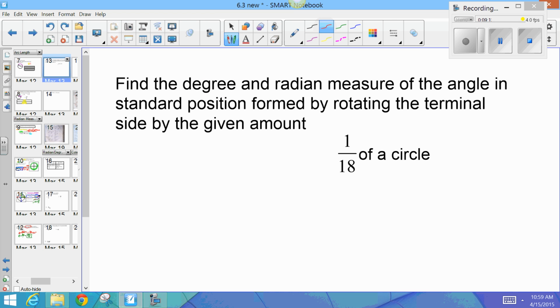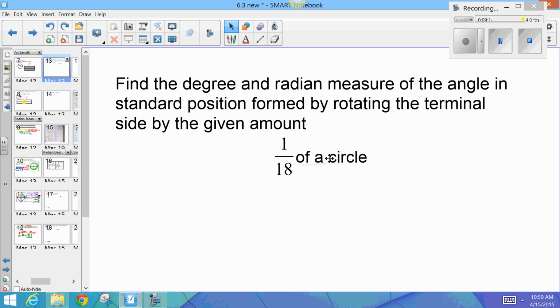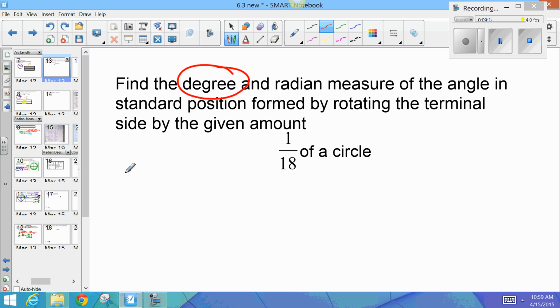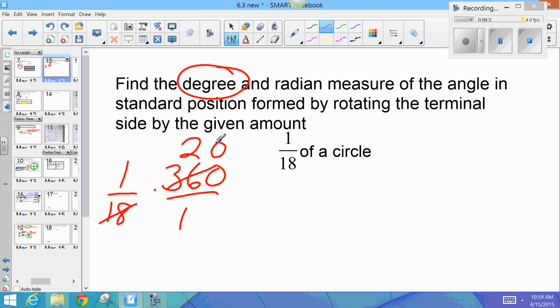All right, so for 1/18 of a circle, to find the degrees, I'm multiplying by 360. 18 divides into 360. Let me use a calculator to figure that out. 20 times. So that's 20 degrees.